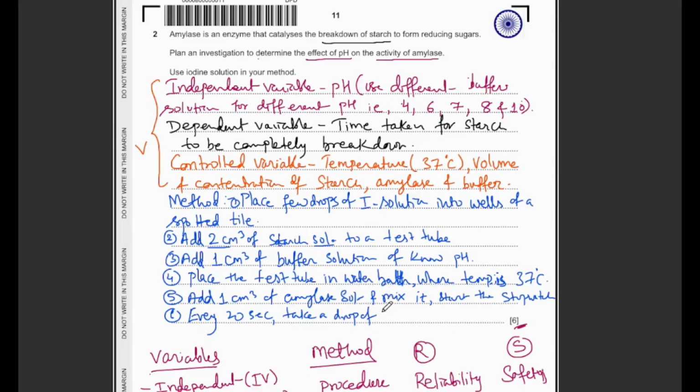So every 20 seconds take a drop of mixture and add it to iodine solution, which is in the well, okay.